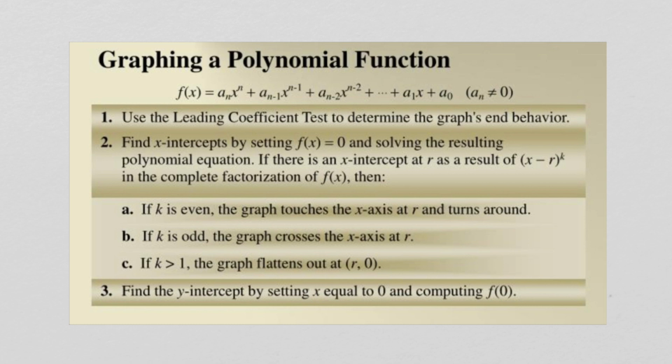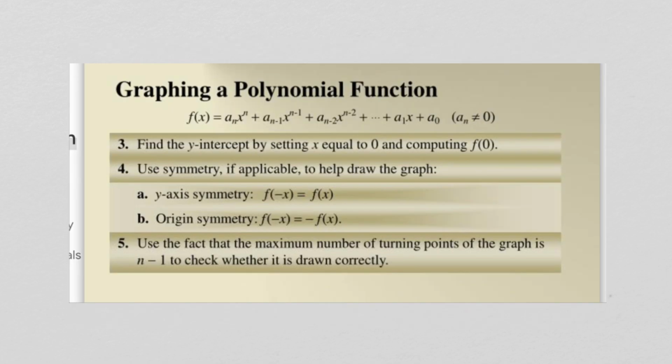If k is even, the graph touches the x-axis and turns around. If it's odd, the graph crosses the x-axis at r. To find the y-intercept, we plug in 0 for x and find y.